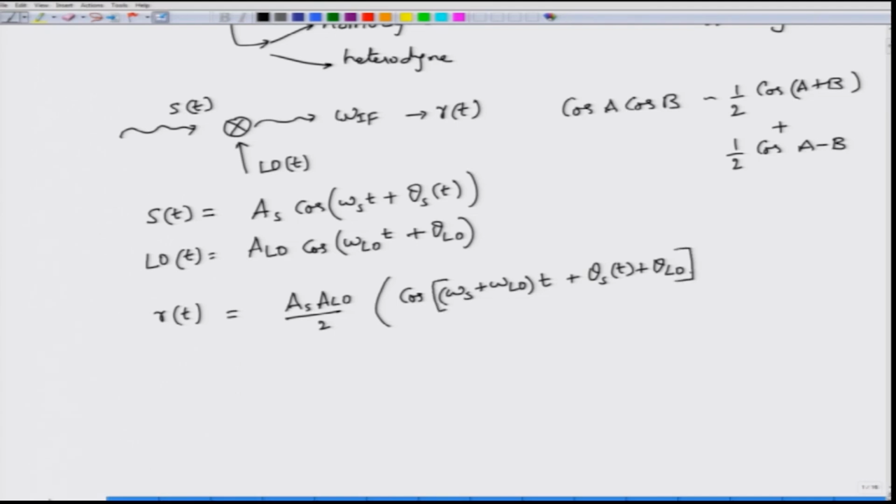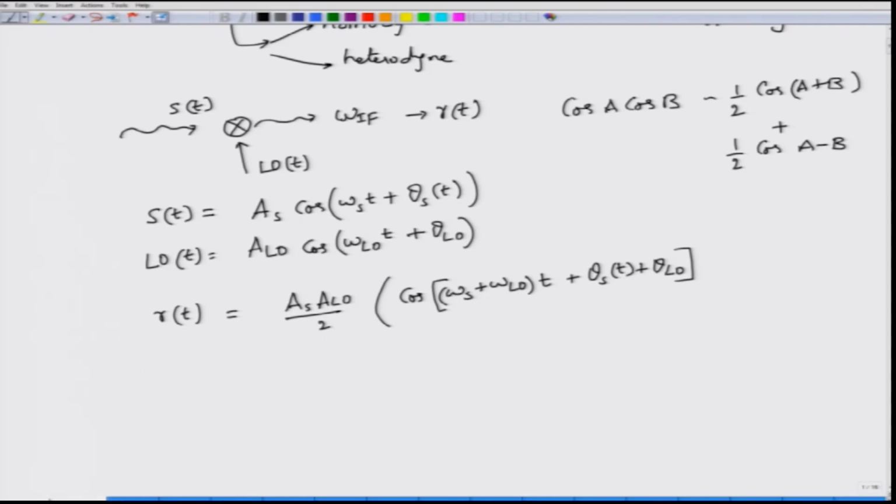This phase modulated cosine signal is centered at a frequency omega_s plus omega_LO, both of which are typically close to each other and very large. For example, omega_s could be 2.4 gigahertz and omega_LO will be very close to that, anywhere between say 1900 megahertz to 2800 megahertz. This is just an example frequency.